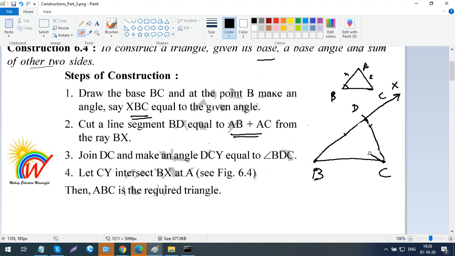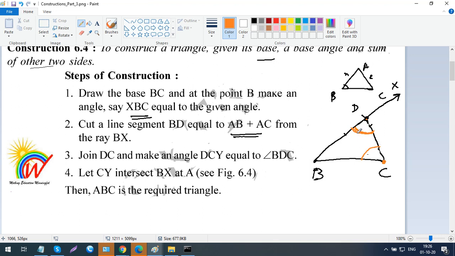So let us say we have joined it. After this you take a compass, keep your needle over D and cut an arc like this. Then measure this. The same way, you keep the needle over C and draw the arc like this, without disturbing the radius of the compass.